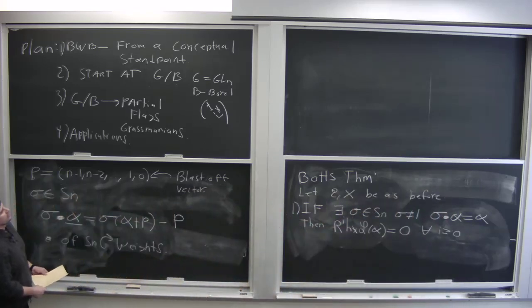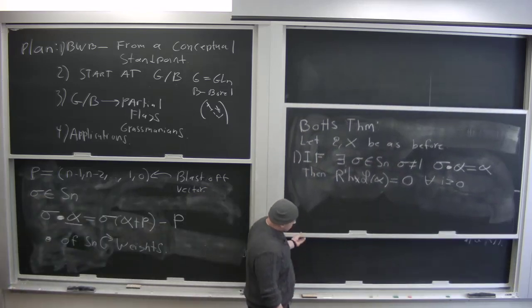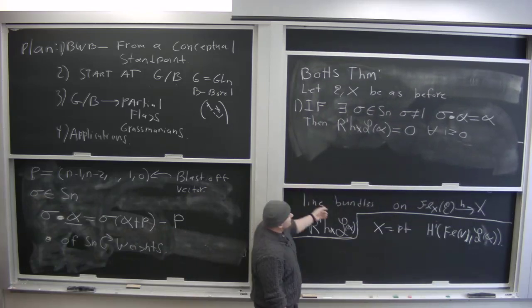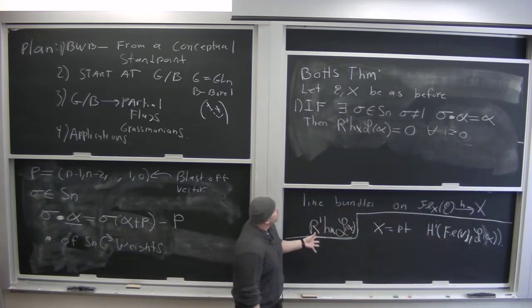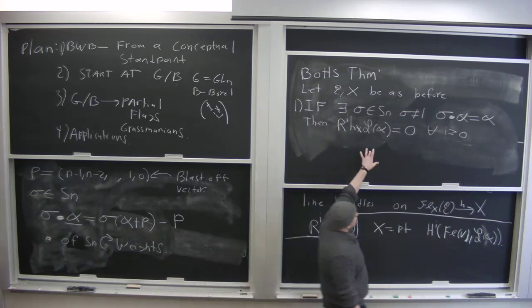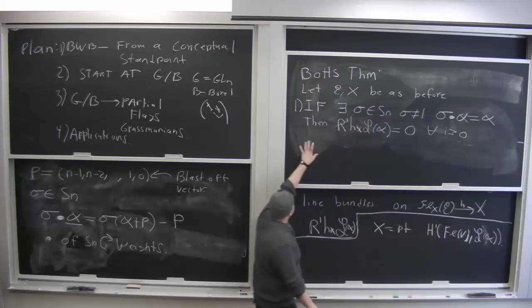So in particular, if we're thinking about this in terms of the cohomology in the case of a point, then all the higher cohomology vanishes for that line bundle.